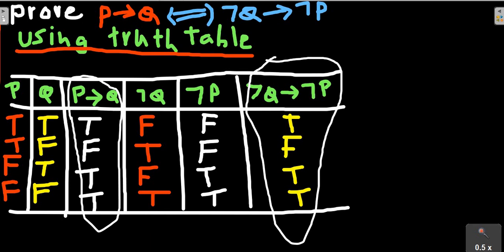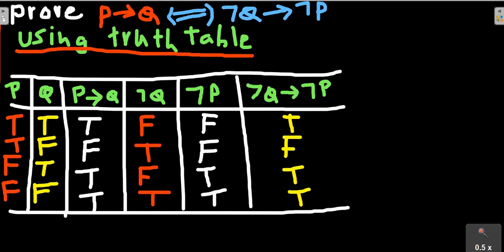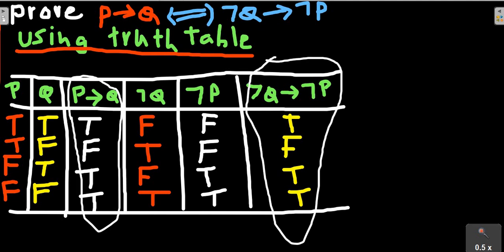Okay. So thus we can prove the equivalency of the two formulas. P implies Q is exactly equal to negation Q implies negation P. Okay. Now let us prove this by equivalence formula.